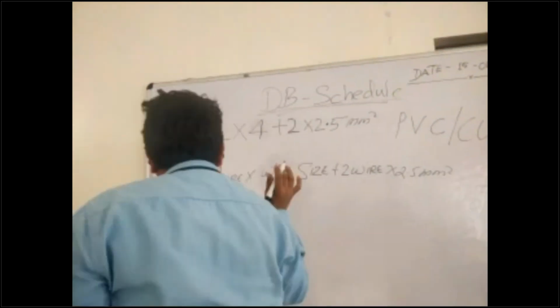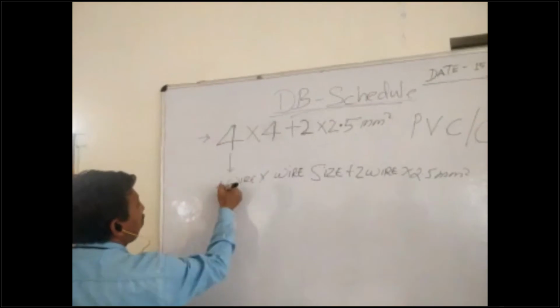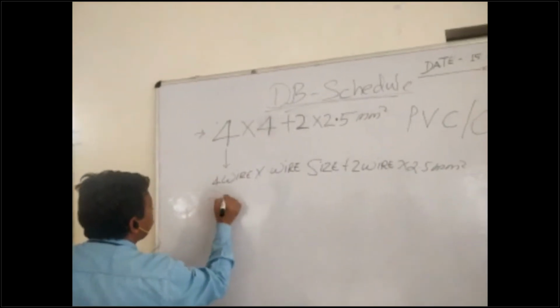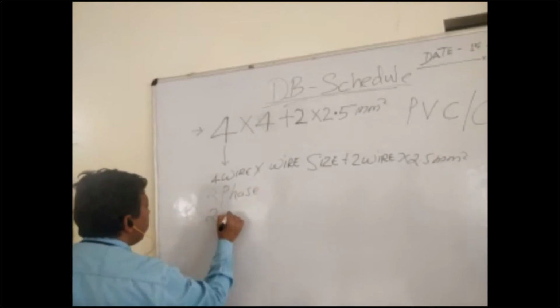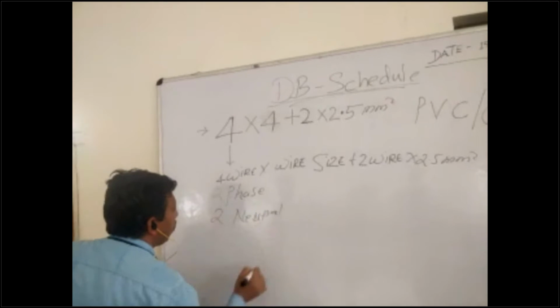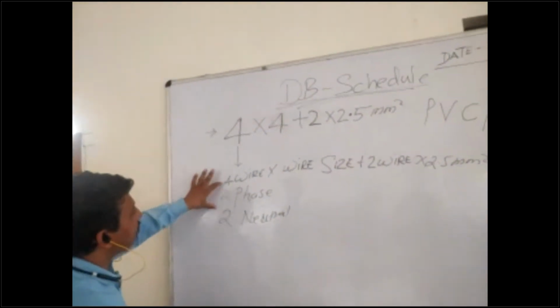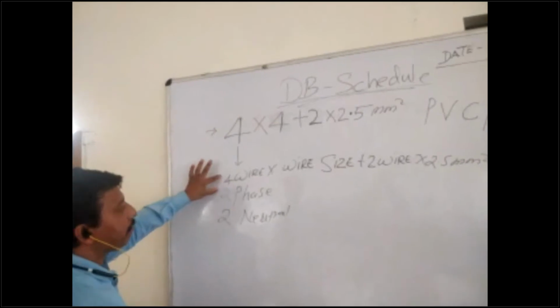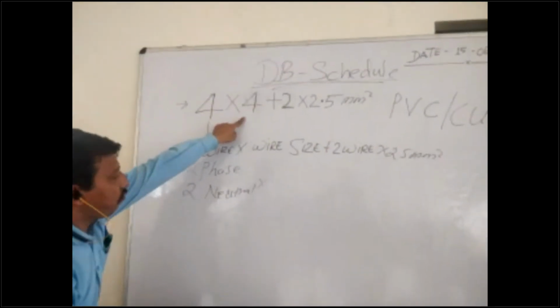Okay, so this 4 wire means 2 phase and 2 neutral, total 4 wires. Okay, 2 phase, 2 neutral. 4 wires into this is the wire size, 4 mm square.